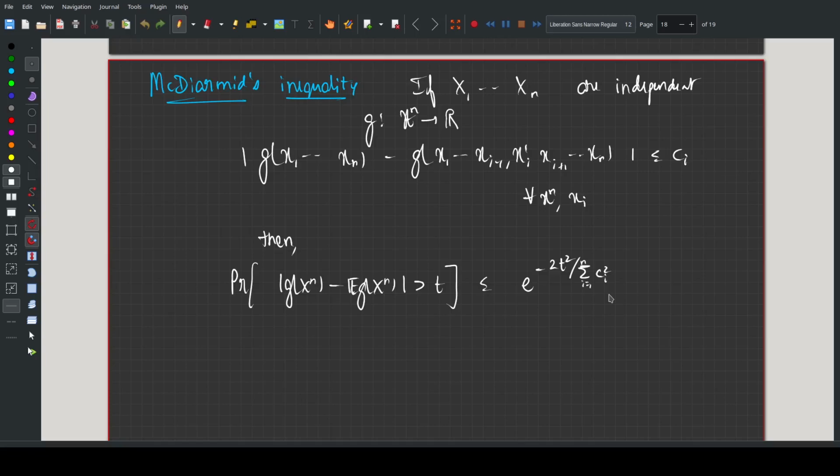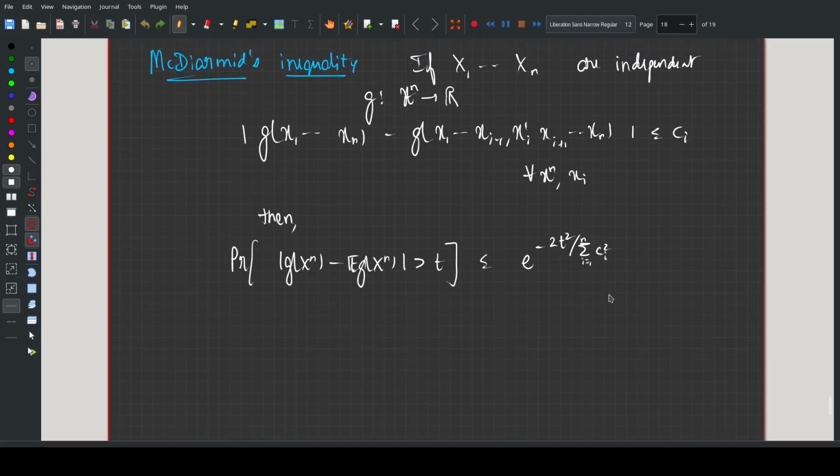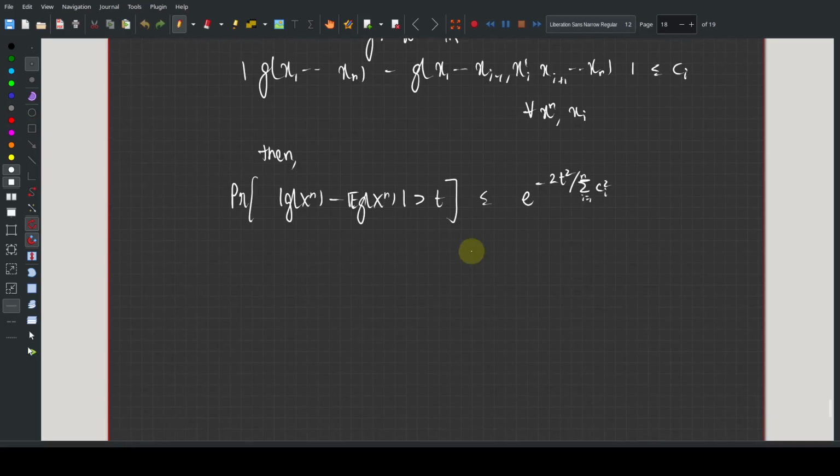And with not much difficulty, one can strengthen this in the following manner. This is basically the deviation when you change the value of just xi. But suppose that I have the following property.